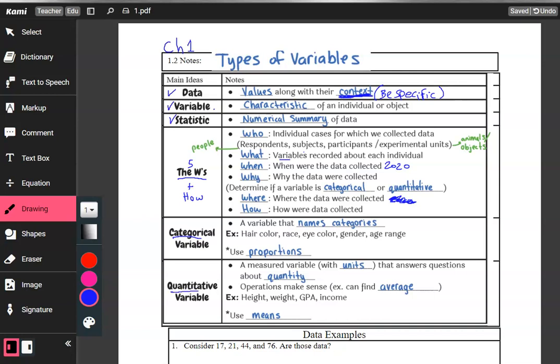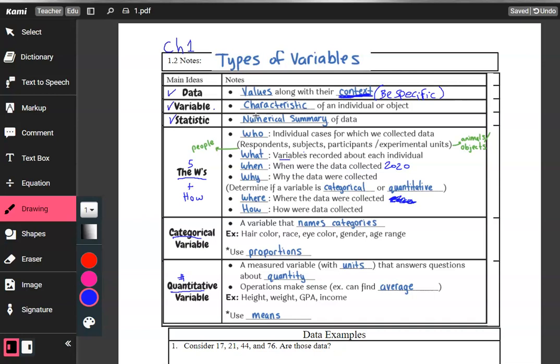Then we have quantitative variables. Quantitative variables have to do with how much, an amount. So it is a measured variable that has units, that answers questions about quantity, how much. And operations make sense, such as, can you find the average?